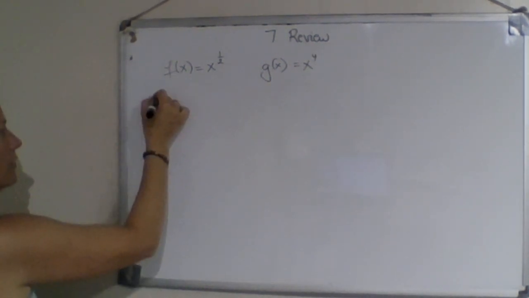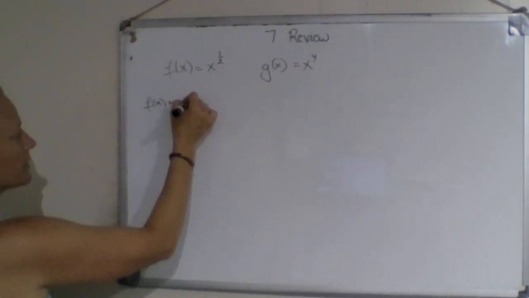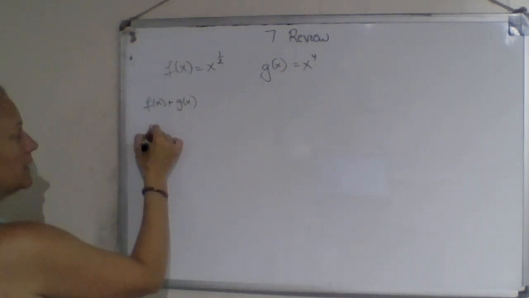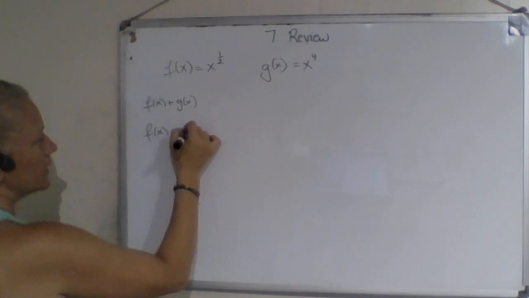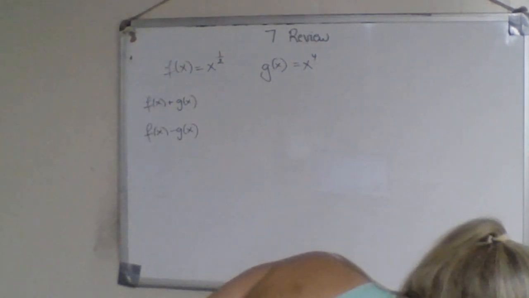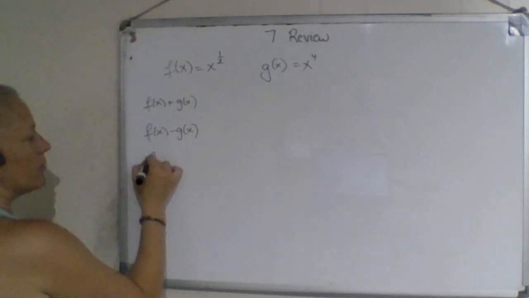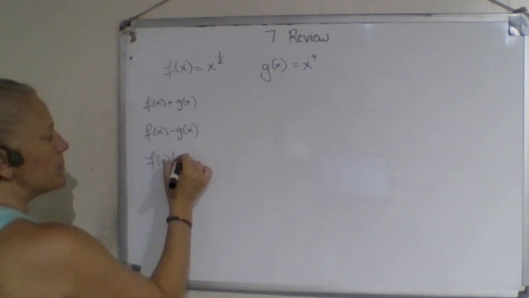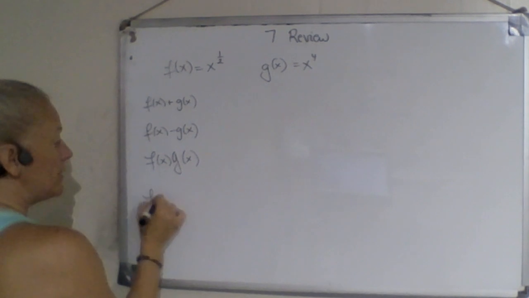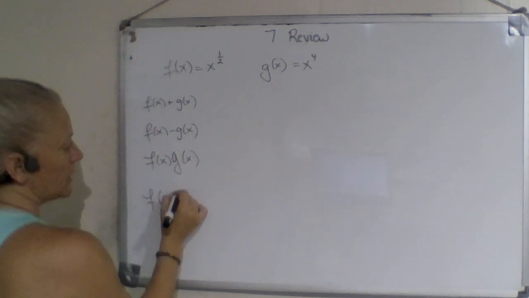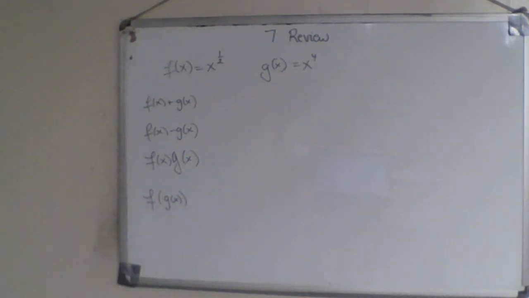Let's say what is f of x plus g of x. Then we're going to do what is f of x minus g of x. Then we're going to do f of x times g of x. And then we're going to do f of g of x. This is a composition. We'll go through all of them and see how they work.